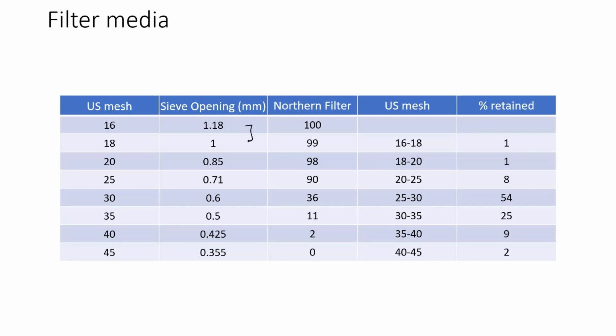And here the percent retained is just 100 minus 99, 99 minus 98, and you're going to want to set up a spreadsheet like this for these problems. So at this point, it's just simple subtraction.